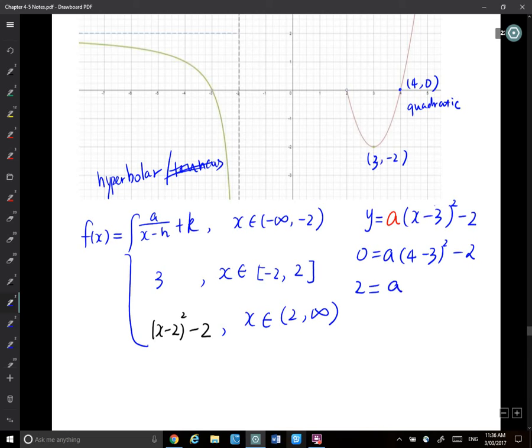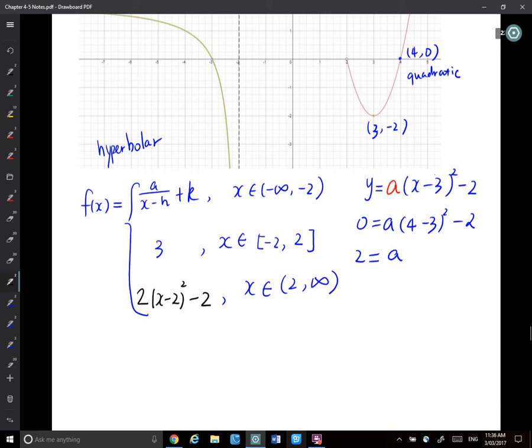So a is 2. Yeah, that's correct. So 2 times x minus 2 squared minus 2. And that's the quadratic.